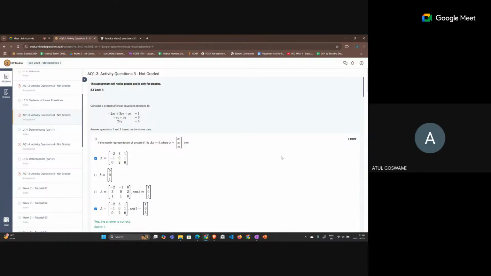So x2 is 5 by 2, so 3 times 5 by 2 is 15 by 2. And x3 is again x1, so it would be minus x1. So you can find the value of x1, and now you have the values of x1 and x2. You can put them in the second equation and find the value of x3, and this is how you can have the solution x1, x2, x3.